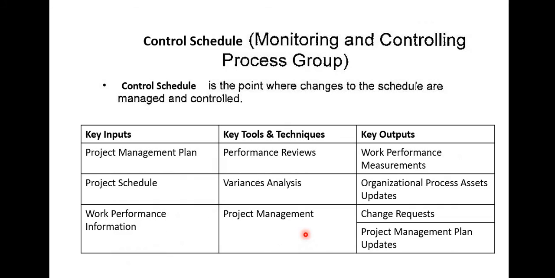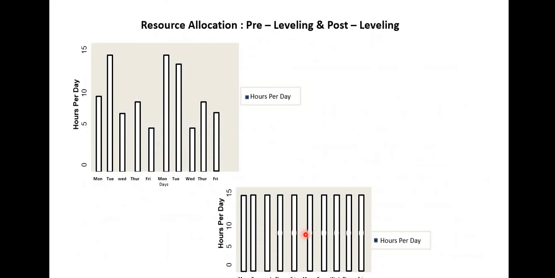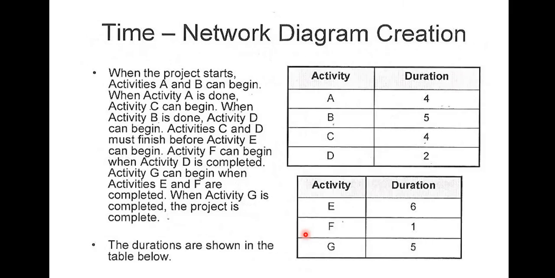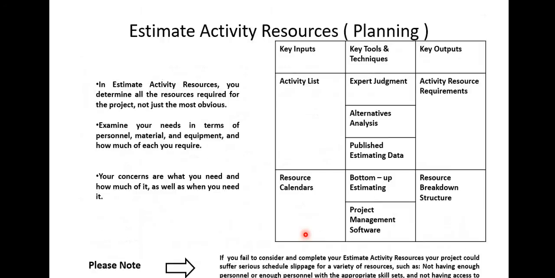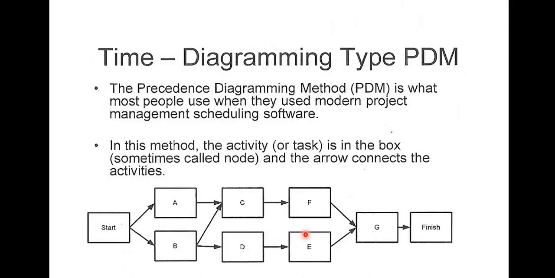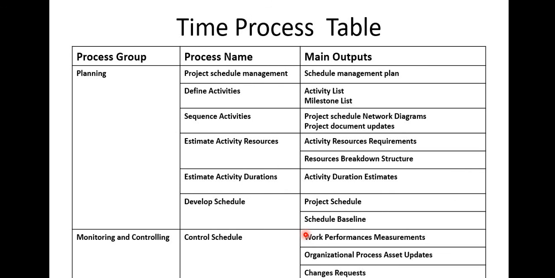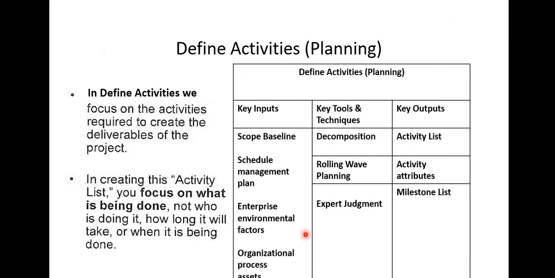So basically, that's all you need to know about project schedule. So going through it very quickly again, I'm mentioning things you need to pay attention to. Let's start from the processes. We have define activity, sequence activity, estimate activity resources, estimate activity duration, develop schedule, and control schedule.